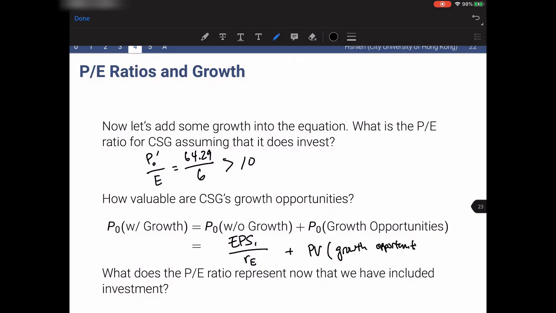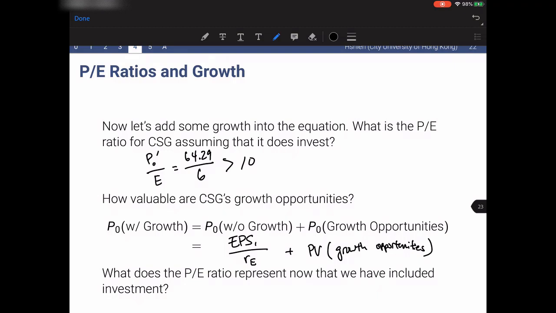Right? That's the only way in which we get a higher value of P, right? As I showed you in the limiting case in which investment is 0, we have the firm by itself without any growth. That's simply just EPS_1 over R_E.